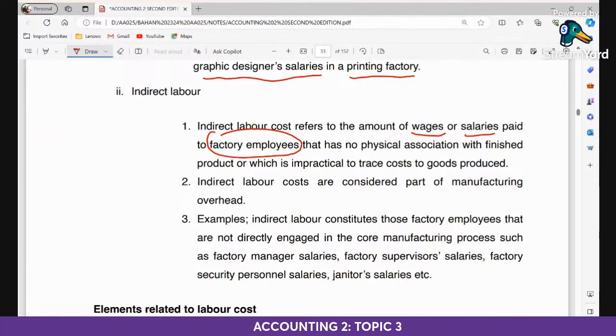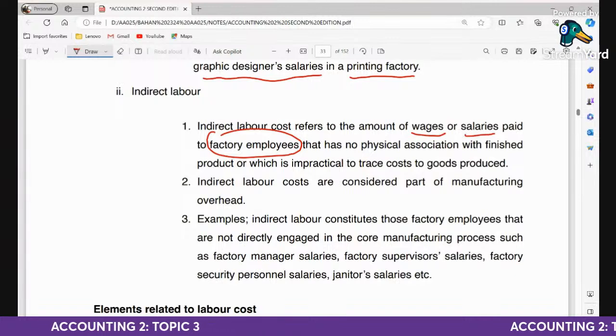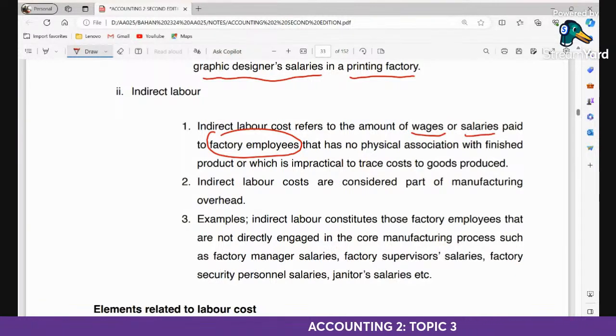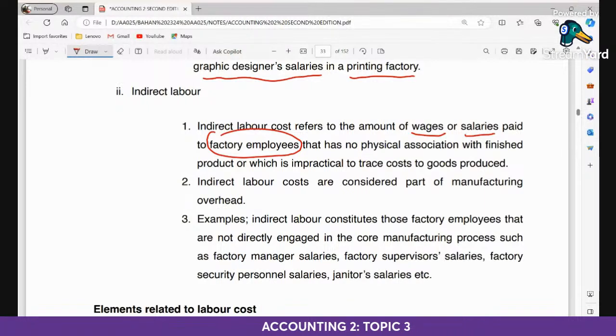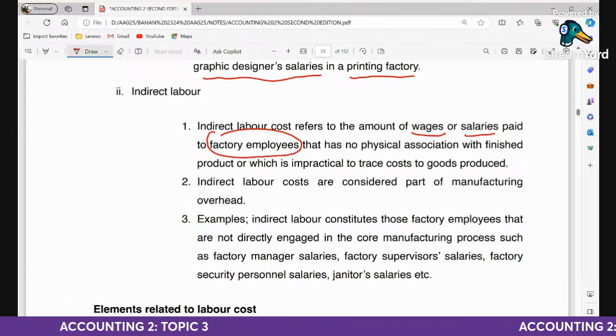So mereka ni adalah indirect labor. So whatever wages or salaries that is paid to these workers is considered as indirect labor cost. So bila dia indirect labor cost, as we all discuss in topic 2, manufacturing cost ada 3.